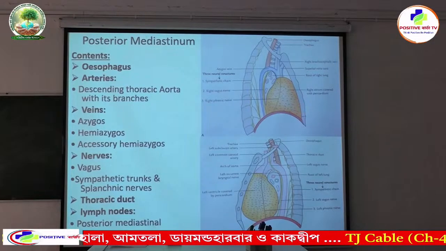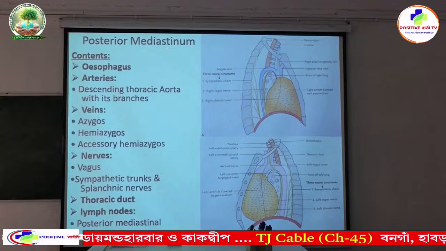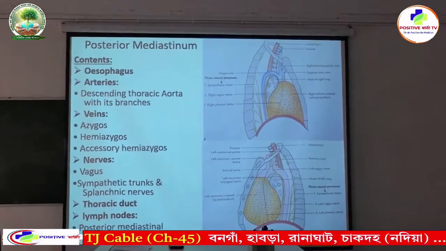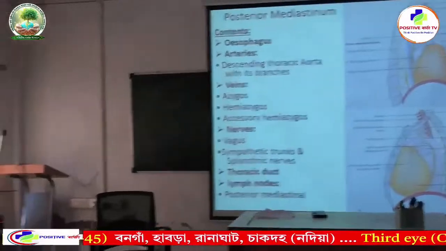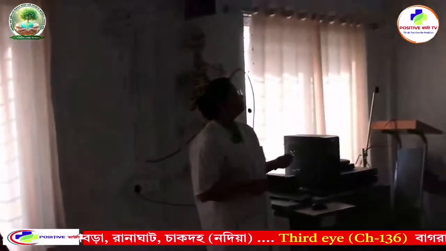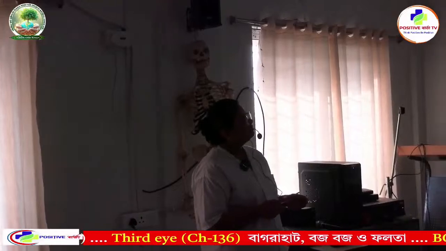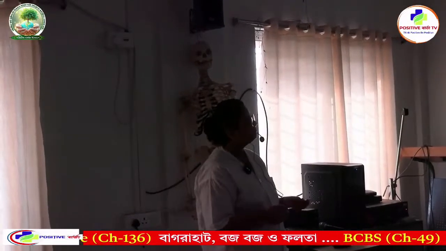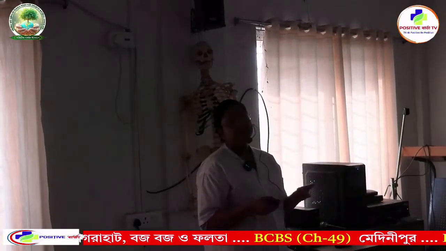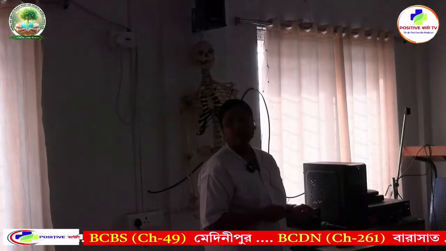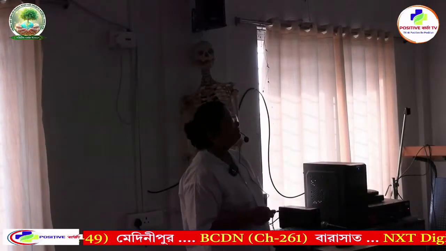Okay, so contents are the esophagus. Arteries are descending thoracic aorta. See, the arch of aorta continues downward from the level of T4 as the descending thoracic aorta along with its branches. The posterior intercostal arteries are branched from this descending thoracic aorta. Next are the veins.